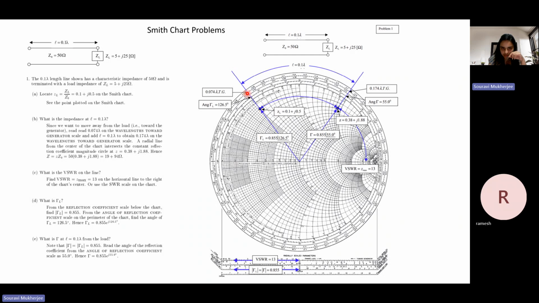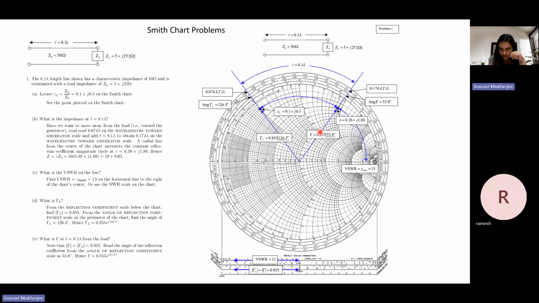Wherever that intersects with the wavelength towards generator scale corresponds to some distance. Now this point is your load end. From here you move a distance of 0.1 lambda clockwise, and you reach this point.